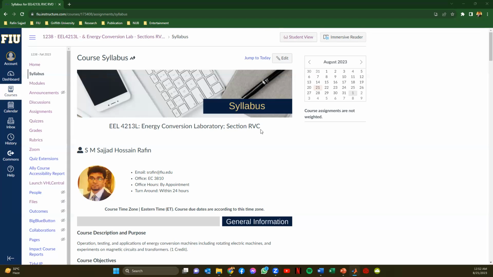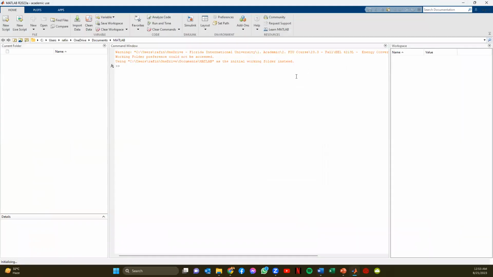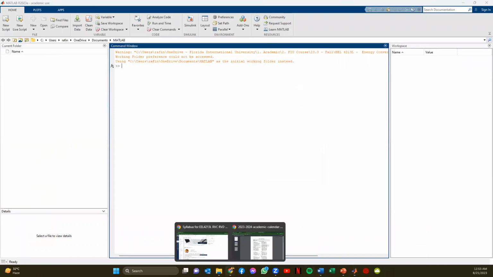And remember, do not forget to submit your lab reports in assignment forms. So I will post on this one. The first lab report will be on lecture 1, which is this one. So this is very basic stuff, whatever we have learned so far.